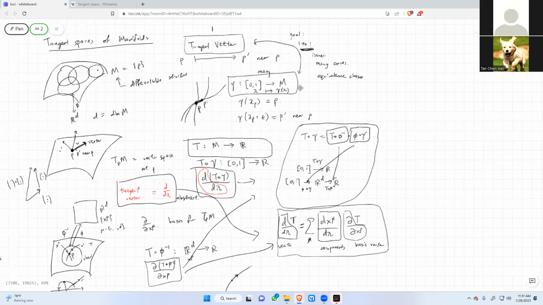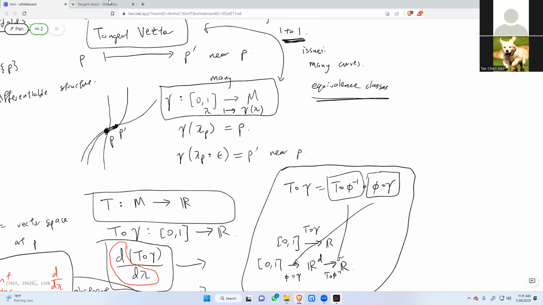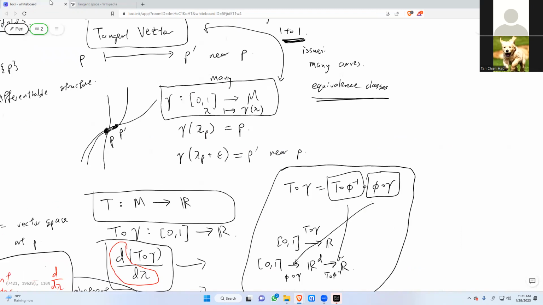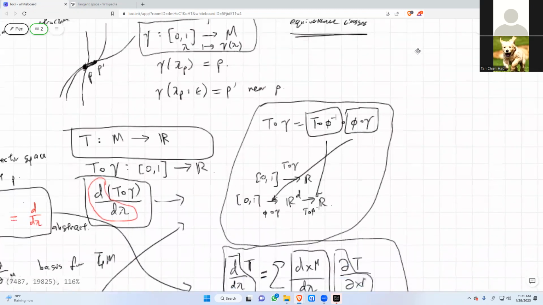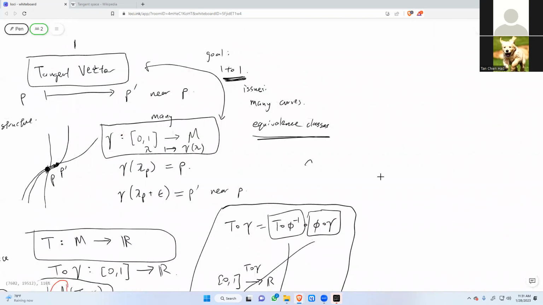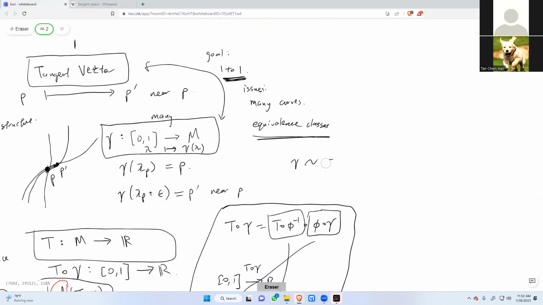Now going back to this equivalence class thing to wrap things up. To make this rigorous, we still have the one to many curves issue.